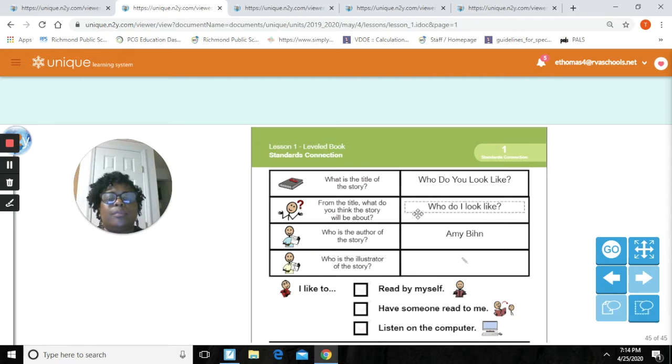Okay. Our next question was, who is the illustrator of the story? Do you remember? Okay, let's go back to our book cover.